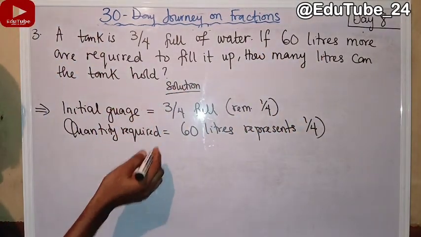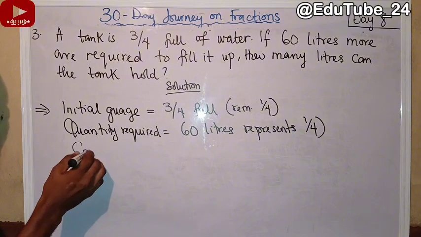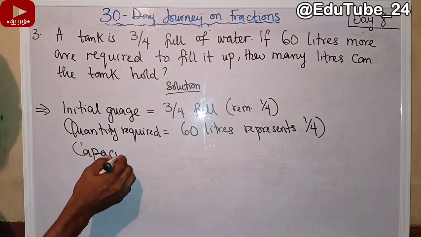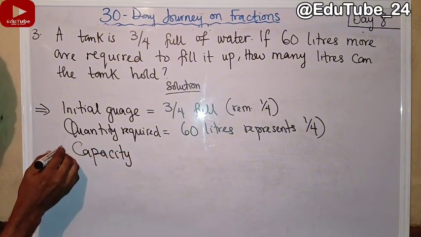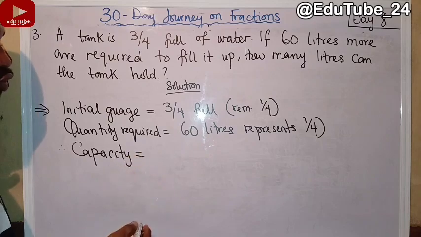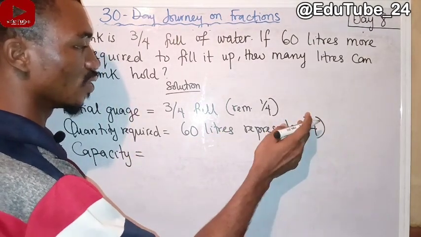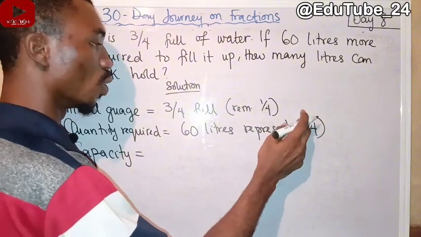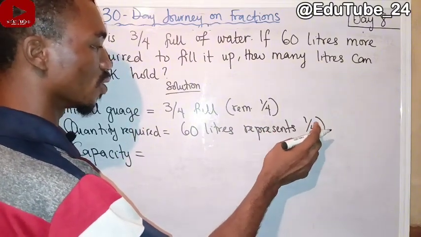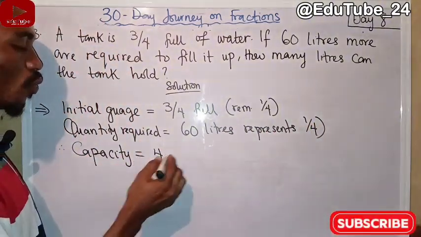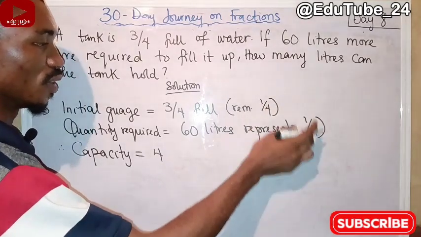When we say how many liters can the tank hold, it is the same thing as the capacity of the tank. So the capacity of the tank is equal to, so if 60 liters represents 1 over 4 of the tank, that is 1. This 60 liters represents 1. That means the full tank will be this 4. So we say 4, we invert, so 4 over 1.